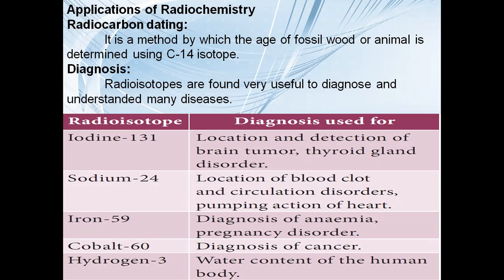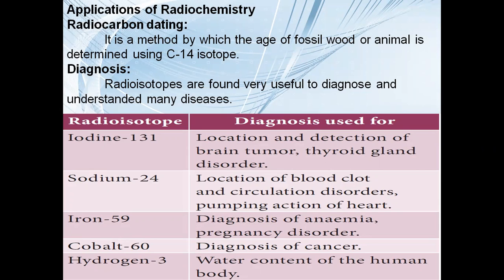Radiochemistry mainly deals with the study of chemical reactions of radioactive and non-radioactive isotopes using radioisotopes. Radioisotopes are mainly used in the medical field and the environment management field. Mostly radioisotopes are used in the medical field. Now we learn the uses of radioisotopes.